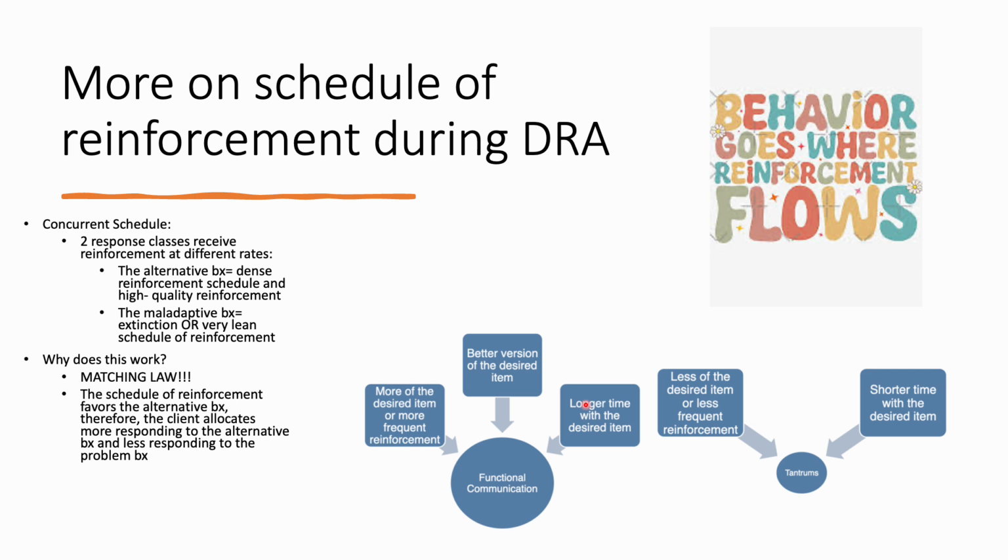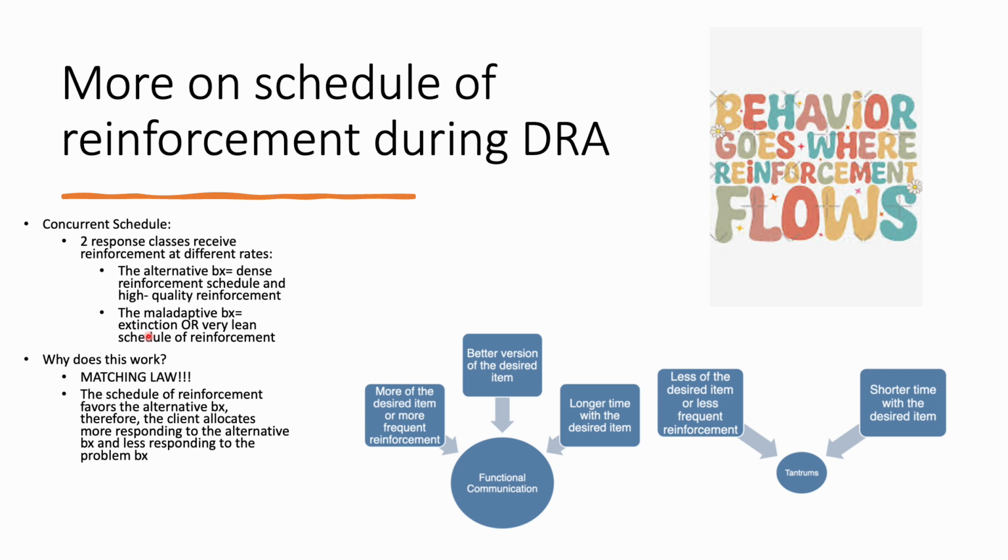Whereas the maladaptive behavior, we want to either place it on extinction, meaning that they're not going to access reinforcement for that behavior at all, or we're going to place that behavior on a very lean schedule of reinforcement. And a very lean schedule of reinforcement basically means that we're going to provide minimal reinforcement for that behavior.